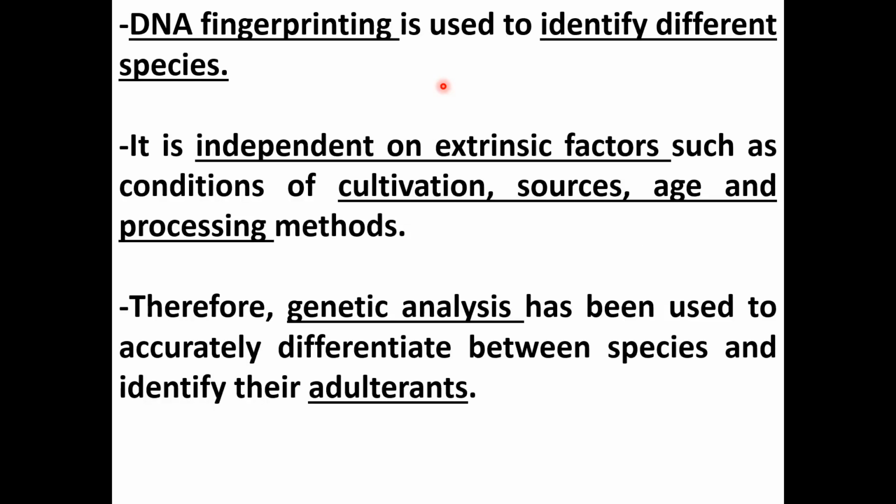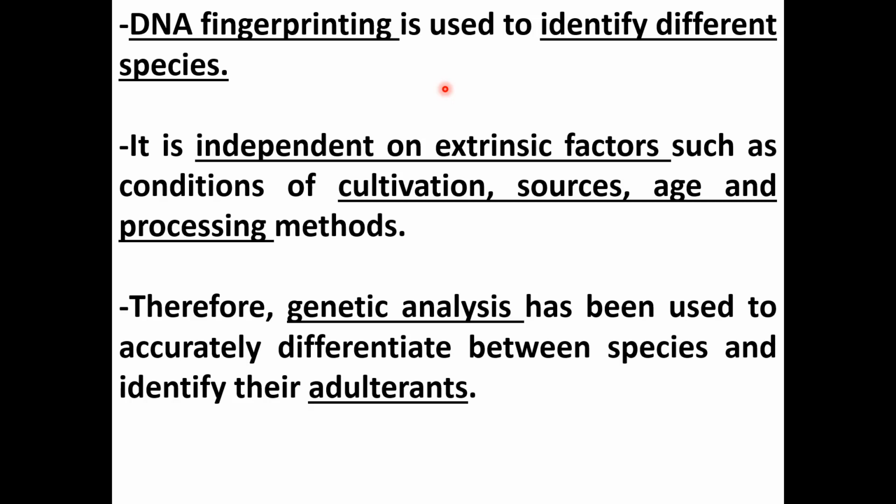DNA fingerprinting, therefore, is used to identify different species. This is called genetic analysis. It is independent of extrinsic factors such as the cultivation, the age, and the processing method of the plant.